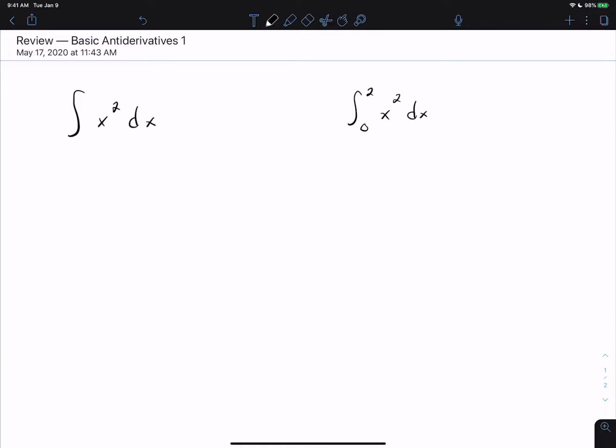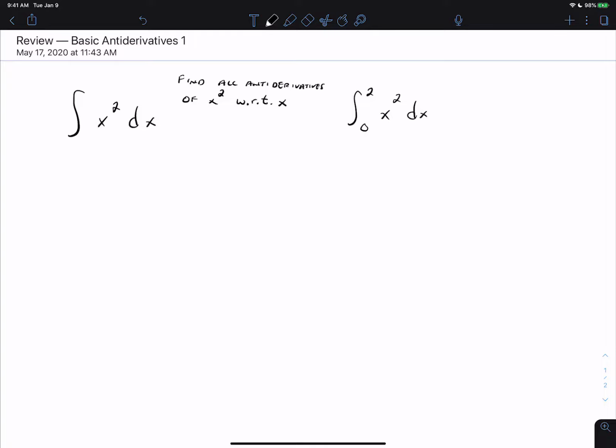We talked about this in more detail at the end of the previous video, but the one on the left means to find all antiderivatives of x squared with respect to x.